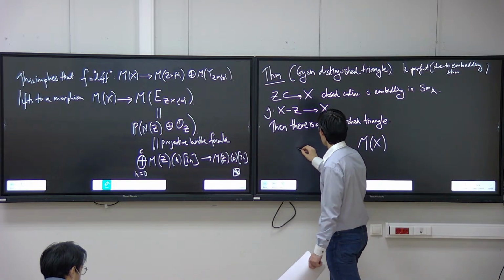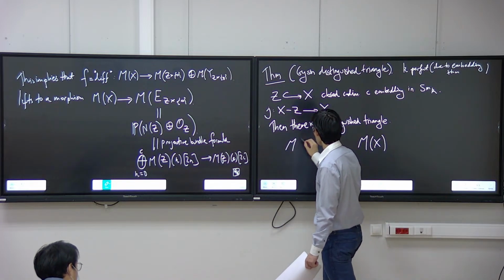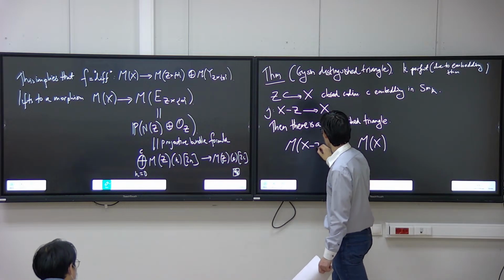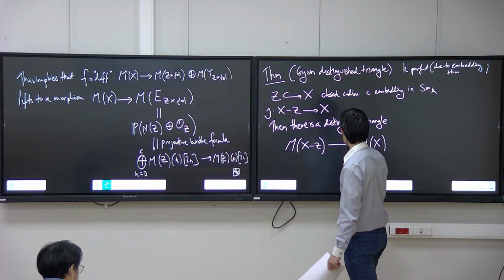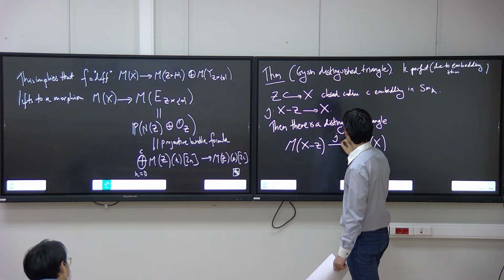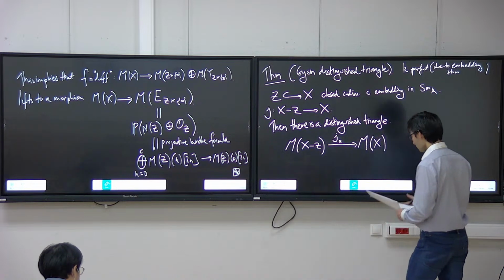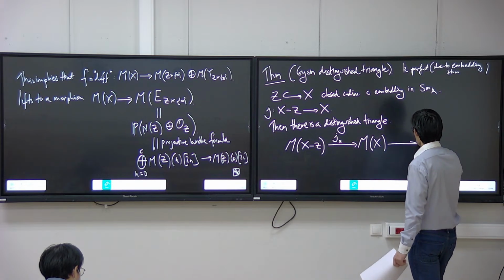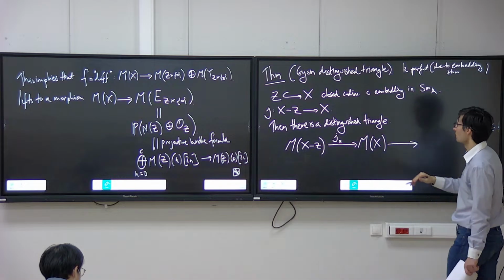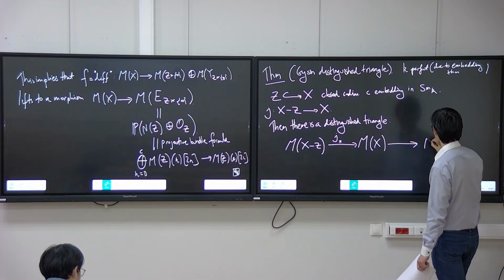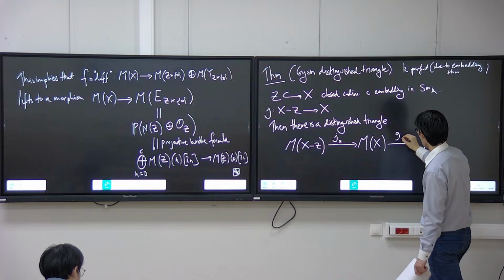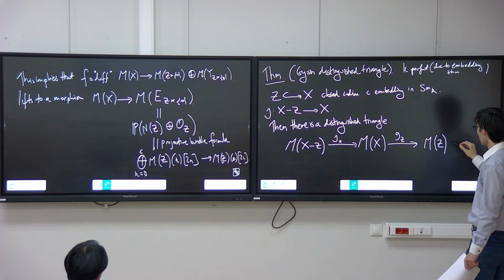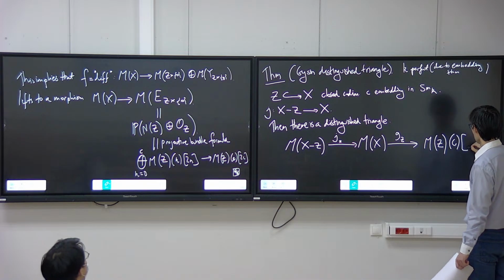So on the one hand, we have a smaller piece associated to X minus Z. So there is this map here induced by J. And on the other hand, there is a map here coming from the previous corollary. So there's this map, which I denoted by G of Z, I guess, M of Z (C) to C.